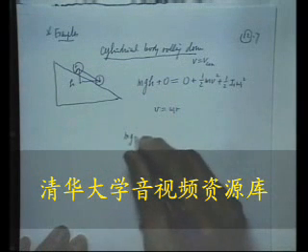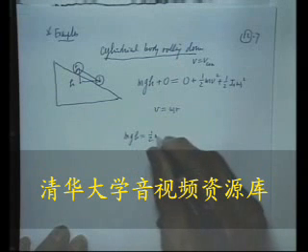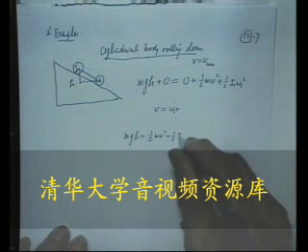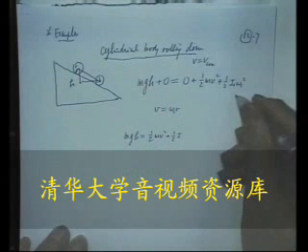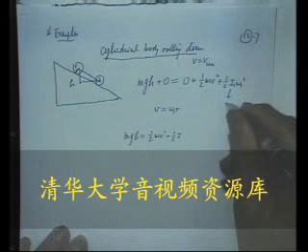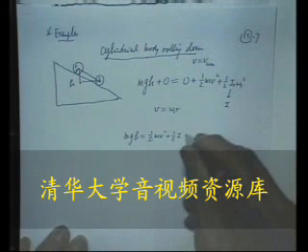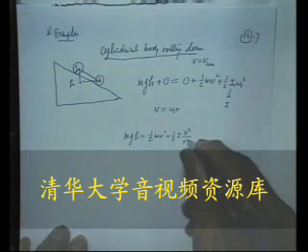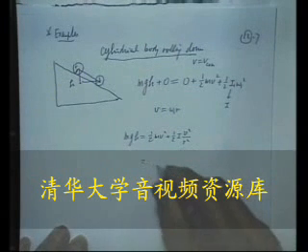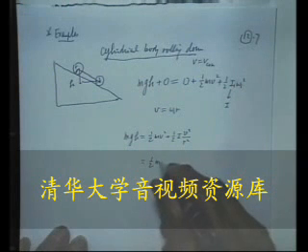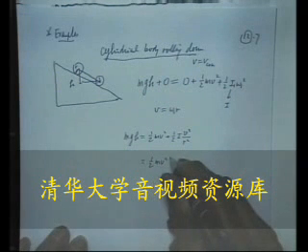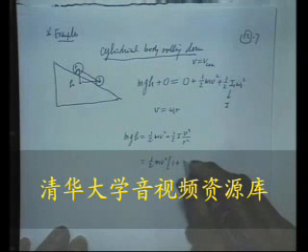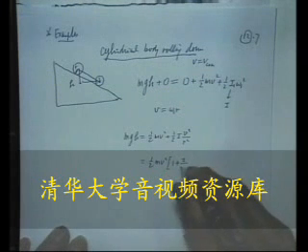So we get mgh is equal to 1/2 mv squared plus 1/2 I, let's just call it I, omega squared, which is equal to v squared divided by r squared, which is equal to 1/2 mv squared times 1 plus I over mr squared.